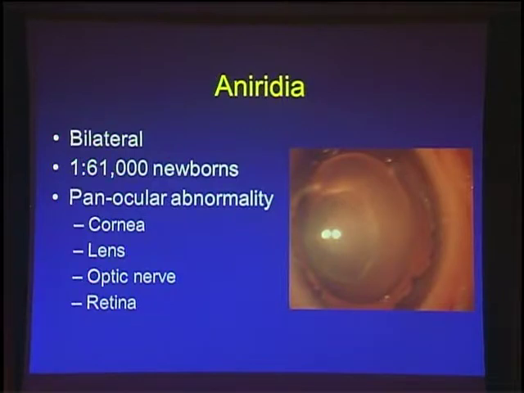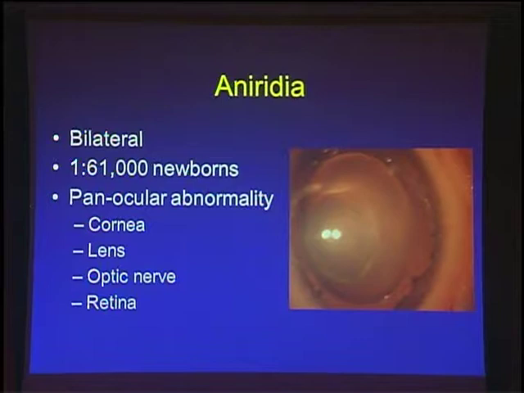1 in 60,000 newborns. This here is the lens. The picture, the first time you see it, is kind of hard to understand, but here is the lens. This is a cataract, and this is what is remnant from the iris. This is actually very common. I would say that most of the patients with aniridia will have a little bit of iris.